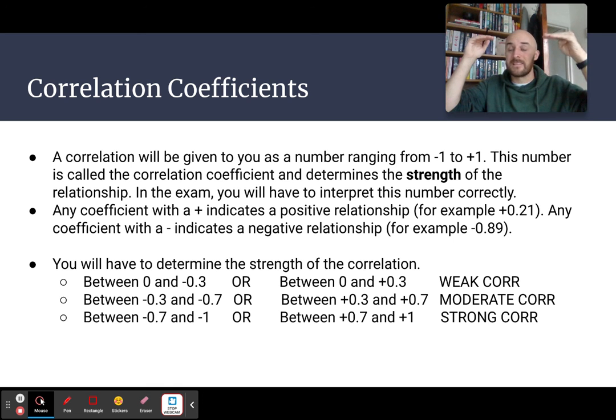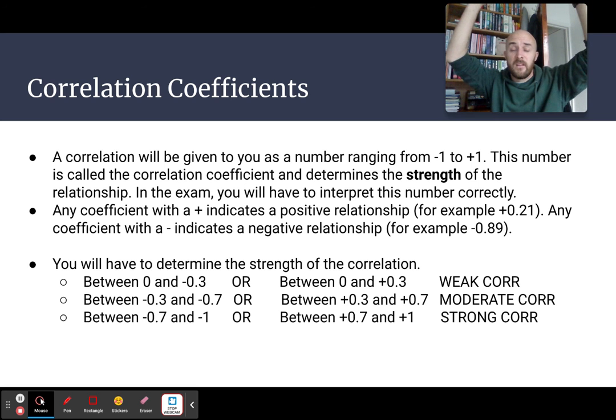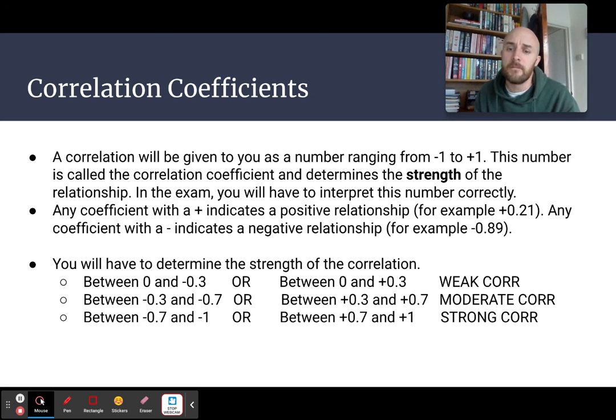Right? Exactly the same amount. Chances are, if you've got a +1, you have found a causational relationship. You know, clearly one is affecting the other here. But again, because it's a correlation, you can't actually say that.